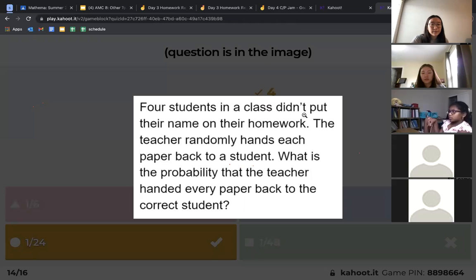So 4 students in a class didn't put their name on their homework. So basically we have 4 pieces of homework and then 4 students. And so the chance that the teacher gets the first student correct is going to be 1/4. Then the second student is going to be 1/3 because there's 3 papers left and one of them belongs to that student. Second one is going to be 1/2. The chance of getting it correct. And then you multiply all those together.